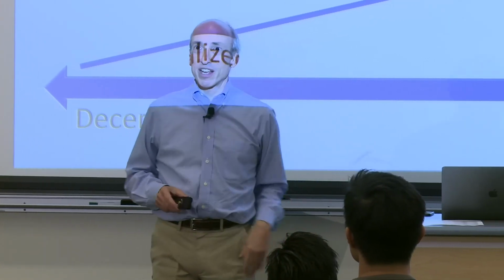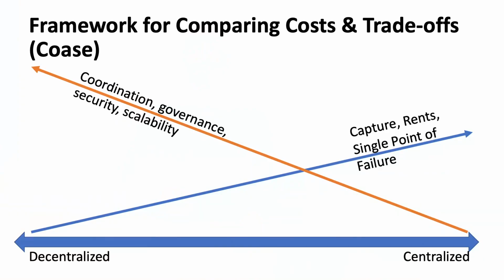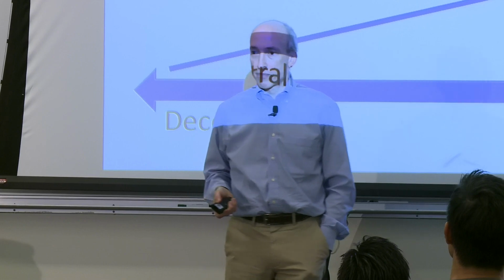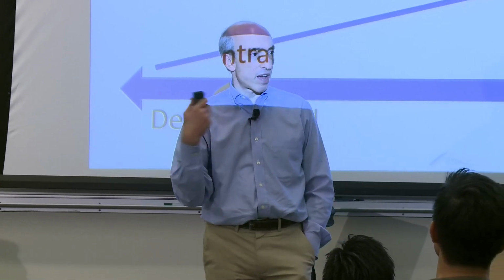But on the other side, there are the benefits. The Y scale is not written on here. The Y scale is however you want to think of it, but I think of it as kind of costs. So up the Y scale is greater cost. Decentralization, the big cost that comes there is coordination. You have a lot of collective action issues.